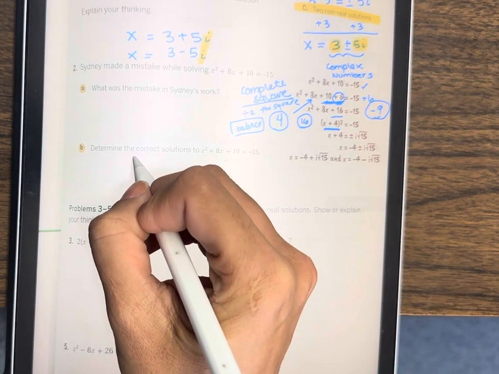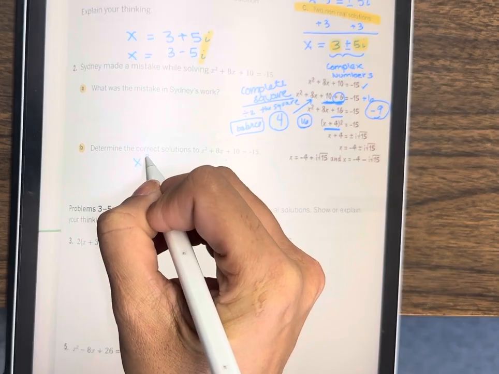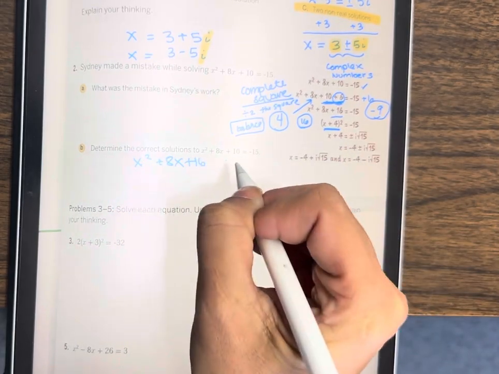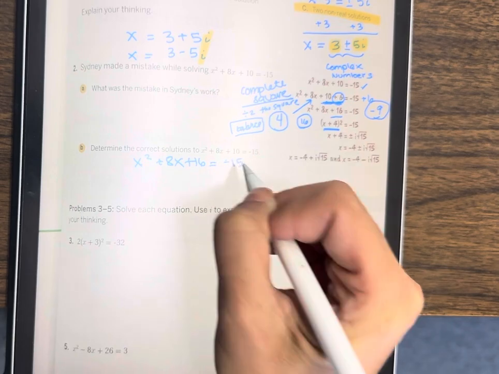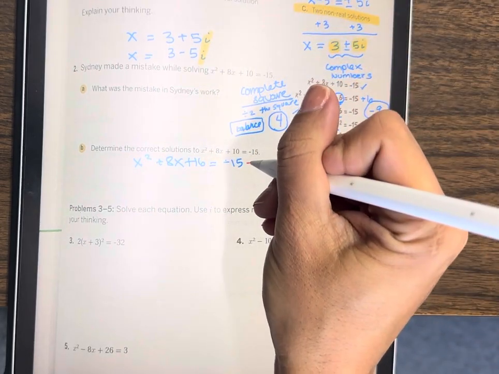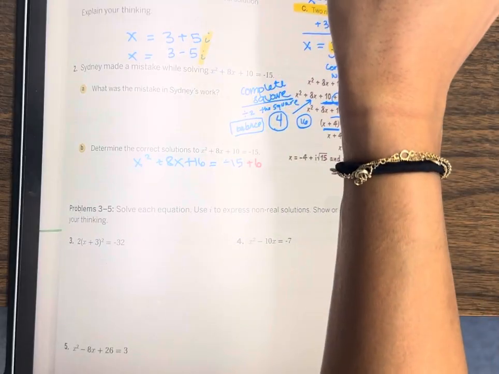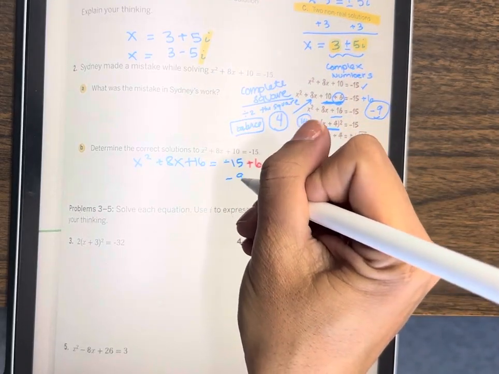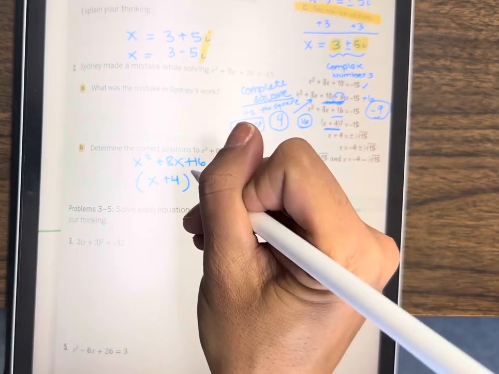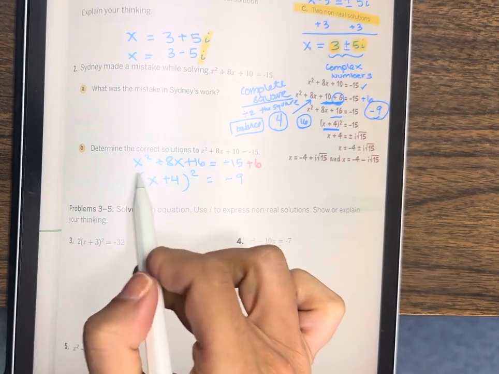Okay, so let's go x squared plus 8x plus 16 equals negative 15, but let's fix it by also adding the 6 to this side. And then now this is a negative 9, and this is x plus 4 squared. Factor that.